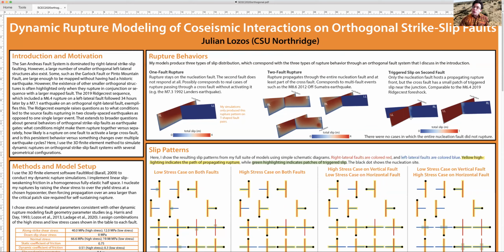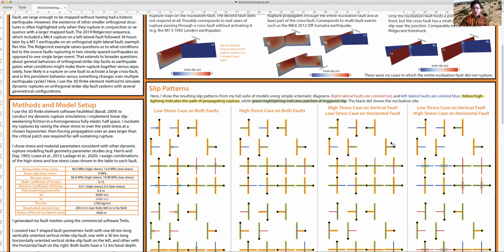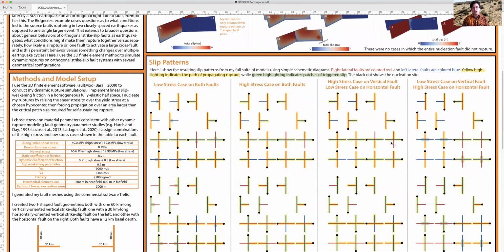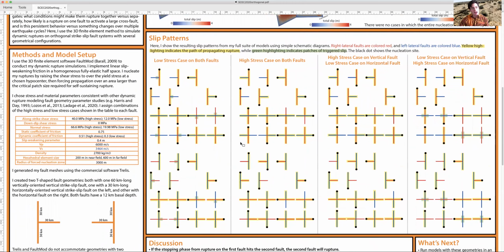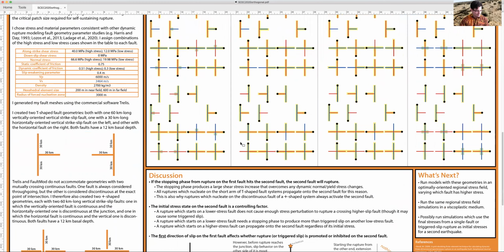Or some where the rupture stays on the nucleation fault but causes a bit of triggered slip on the second fault, which I think is comparable to the Ridgecrest 6.4, which at least activated a right lateral cross fault enough to cause a bunch of aftershocks on it. So down here on the poster, this maze of lines is just a cartoon representation of the different ruptures across parameter space. I will let you peruse that at your will, but I'm going to get onto some take-home points.